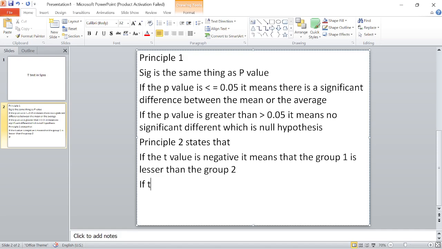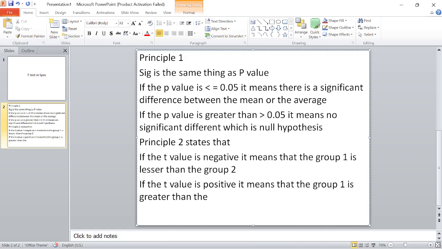And if the T value is positive, it means that group 1 is greater than group 2.